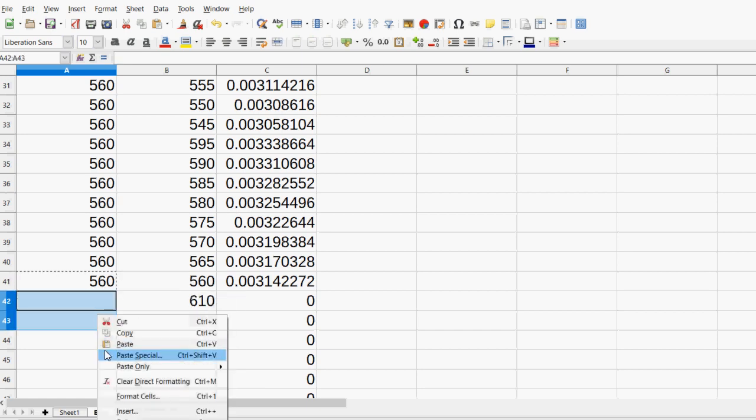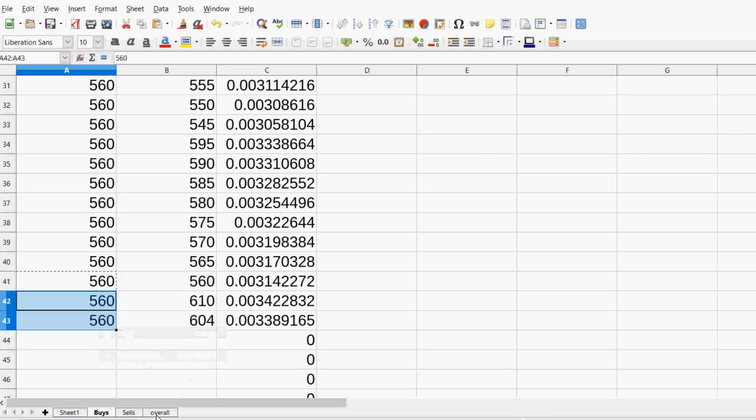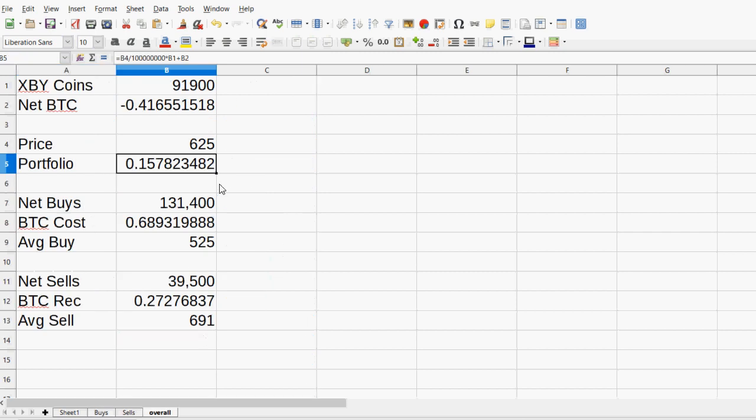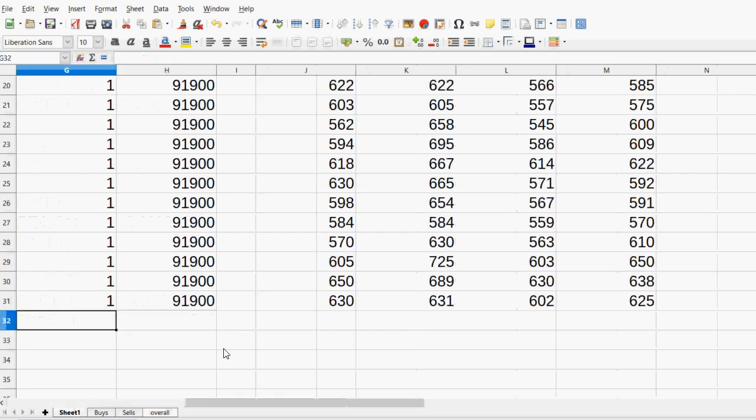Okay, so we got some statistics in here. Portfolio value 0.15, 91,000 coins. Net buys, I do have a buy average. Buy average 525, sell average 691. Okay, so 600 being the last buy, let's go 700, I guess, to sell.